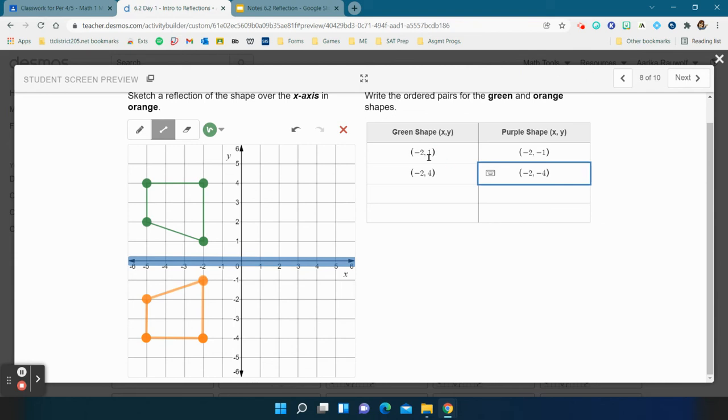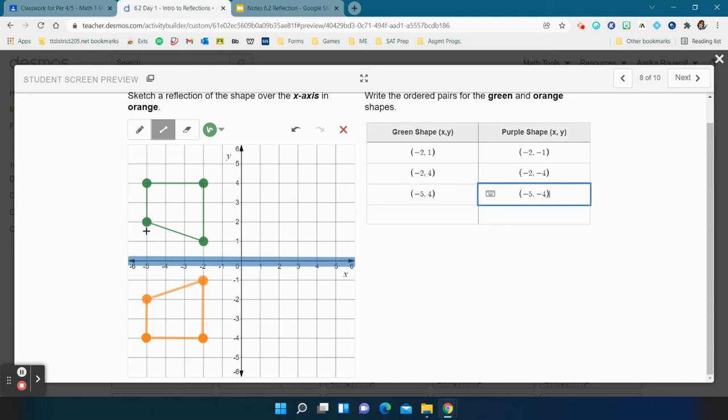Hopefully you're noticing the differences between the green ordered pairs and the purple ordered pairs. It's not purple, it's orange, Miss Rowell. Jeez. All right. The next dot, x value is -5, y value is 4. Its reflected partner on the other side, x value is -5, y value is -4.